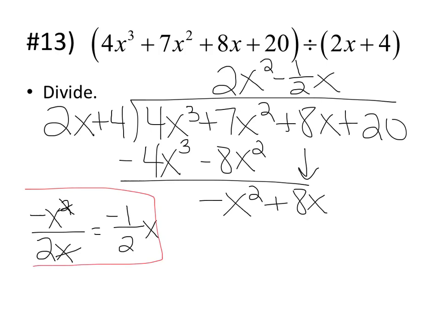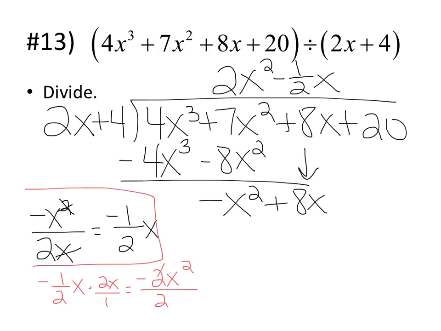So we're going to do negative 1/2 x times 2x. If you need to do that off to the side, you can. Negative 1/2 x times 2x, we'll put this over 1, would be negative 2x squared over 2, right? Because negative 1x times 2x is negative 2x squared, and 2 times 1 is 2.